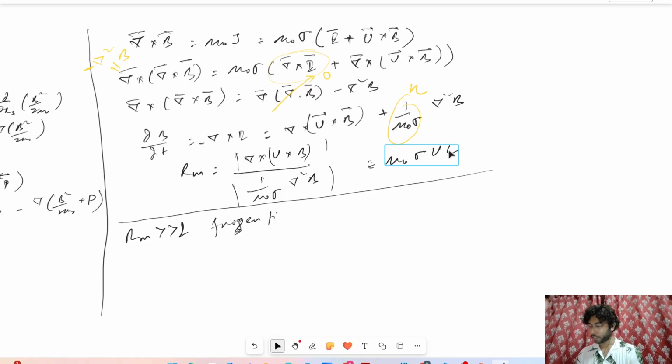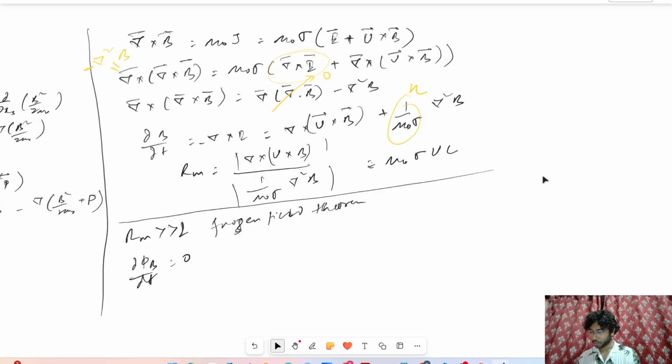In that case, there is one theorem which holds, which is called the frozen field theorem. So in absence of resistivity, what happens is that the flux remains constant.